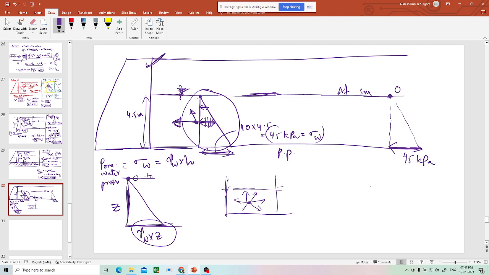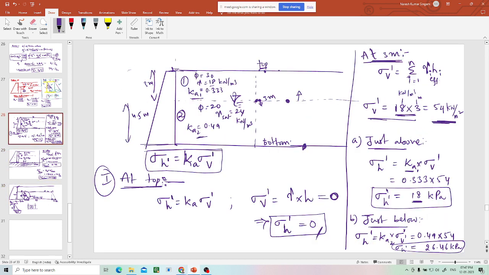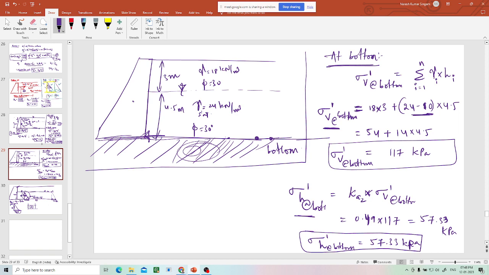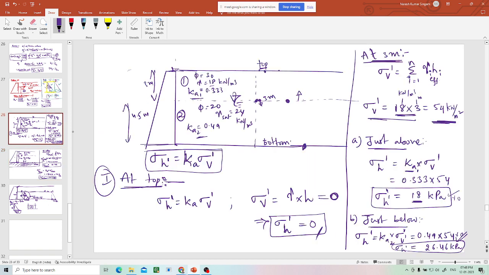Now you have to add this to the top and bottom values. Because both are at 3 meters, you add 0. Anyway, they are the same. When you add water pressure, it becomes the total horizontal earth pressure.